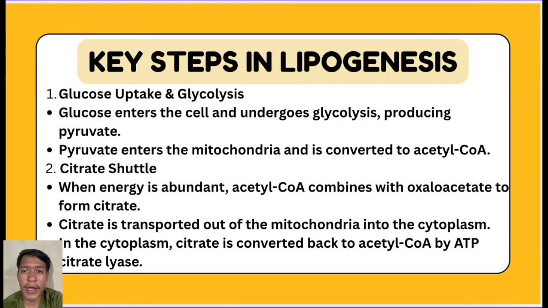It is the end product of glycolysis, which is the process that breaks down glucose, or sugar, for energy. And pyruvate enters the mitochondria and is converted to acetyl-CoA. Acetyl-CoA, by the way, is a central molecule in metabolism, acting as a carrier for two-carbon units in acetyl groups.